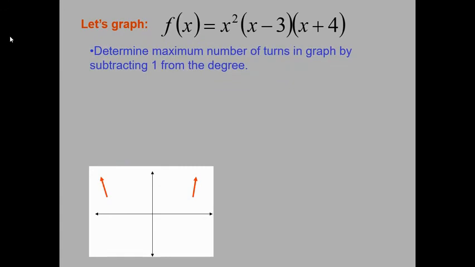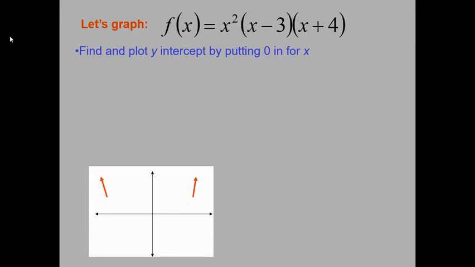Determine the maximum number of turns in the graph by subtracting 1 from the degree. Degree is 4, so the maximum number of turns is 3. Find and plot the y-intercept by putting in 0 for x. Our y-intercept is 0.